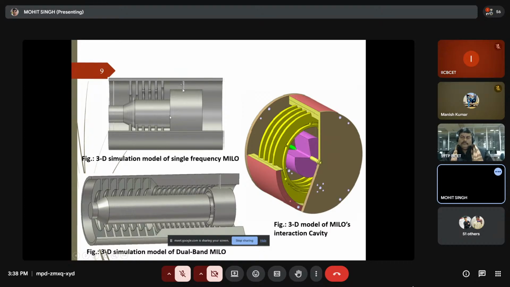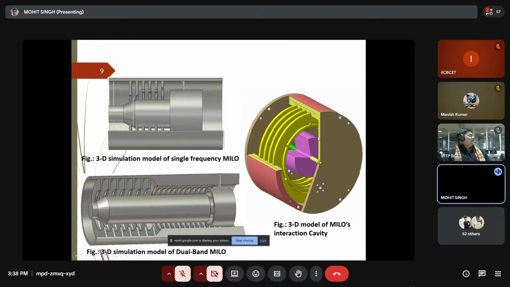Both of these figures are 3D simulation models. One more model I have kept is one that I have designed. This is not the complete structure; it does not have the beam collector, it is just the interaction structure.